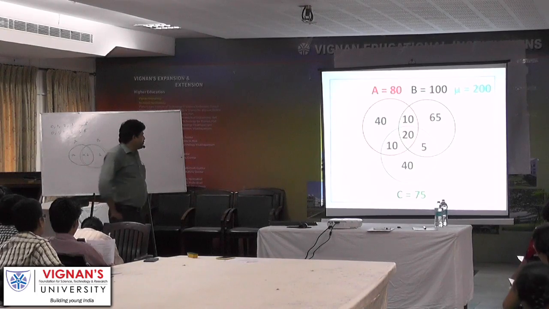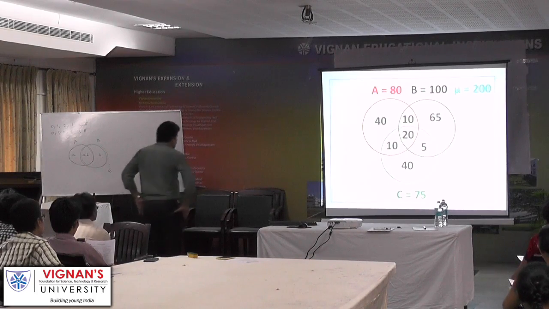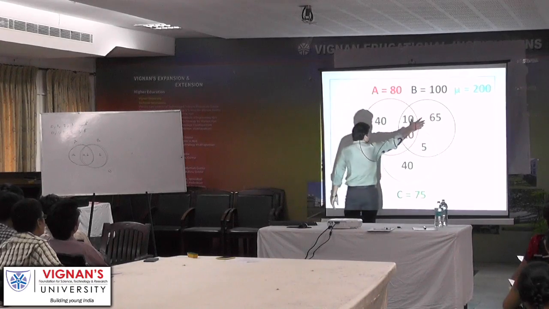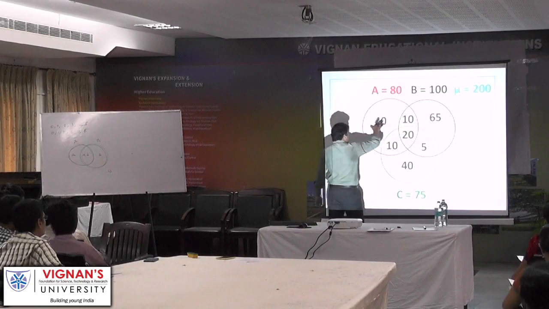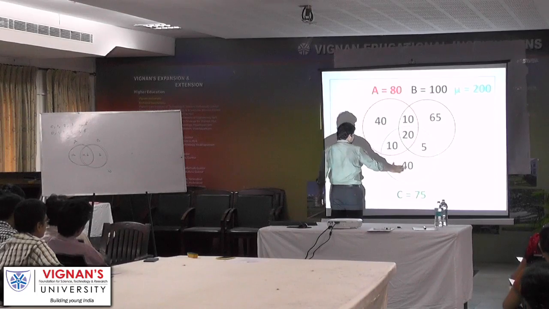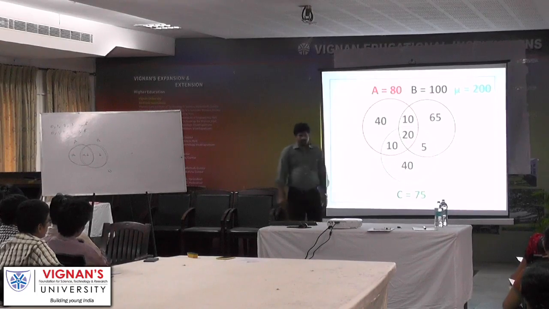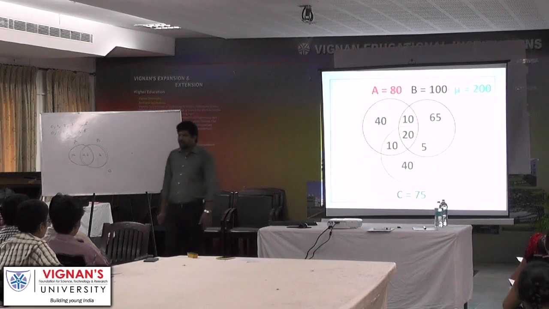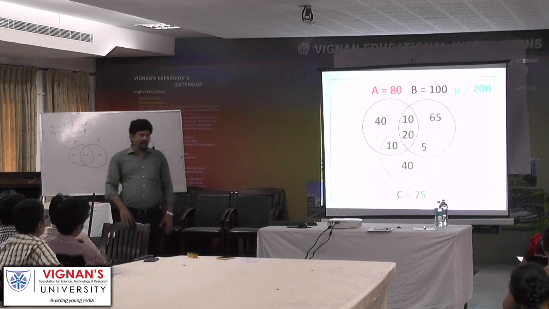Now total how many were surveyed here? 200. But if you add these 3 circles, B has 100 in it. 100 plus 40, 140. 140 plus 10. 150 plus 40, but actually how many are there? 200. Out of 200, only 190 are inside.